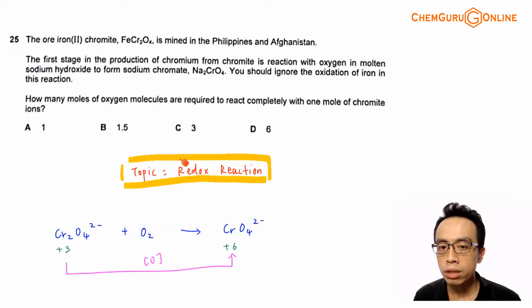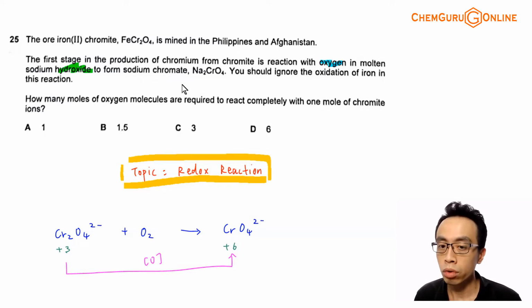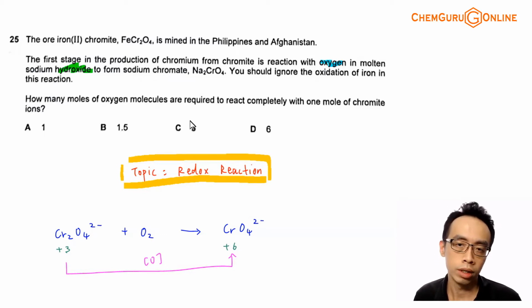Now what is interesting is, what would oxygen be reduced to? If you notice, inside this information, the question did tell us that you are reacting oxygen in molten sodium hydroxide, and we have our OH- here. So we know that the reaction is under alkaline medium, and this would mean that most likely oxygen would be reduced to OH-.